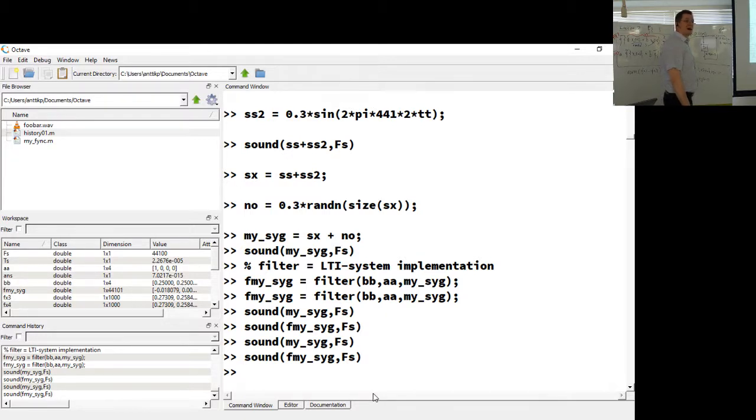Although the transfer function calculates everything in frequency space and the difference equation in time space, for Matlab or Octave you can use the same coefficients in both time and frequency space.